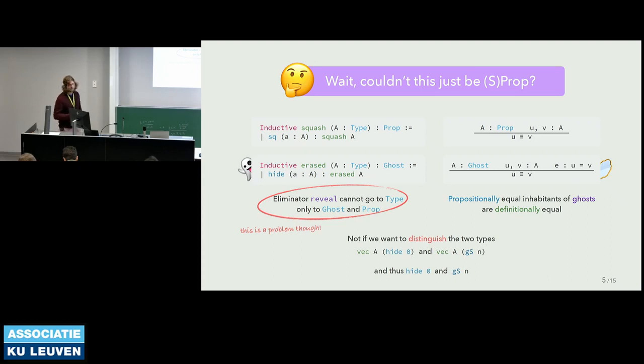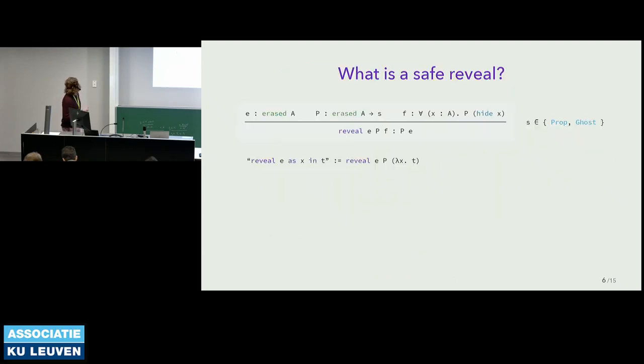But if you know how you usually distinguish values, then you will know that this restriction of eliminators is a problem. So let's see how it goes. So, well, this is just a notation. So the reveal says that if I have some erased value and a predicate over erased values that I can prove for every actual value, then I can prove it for this one.